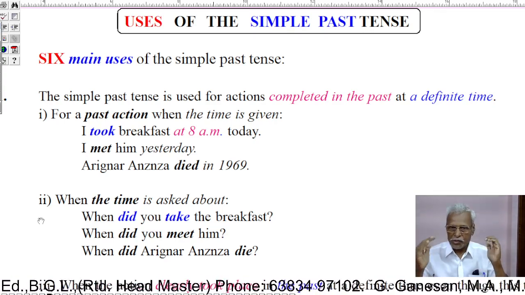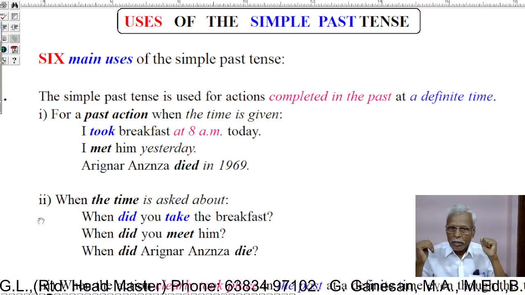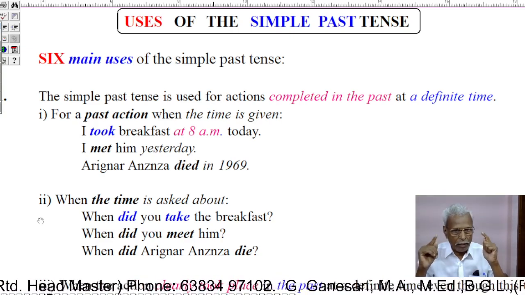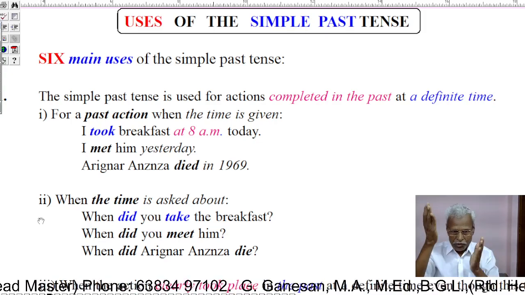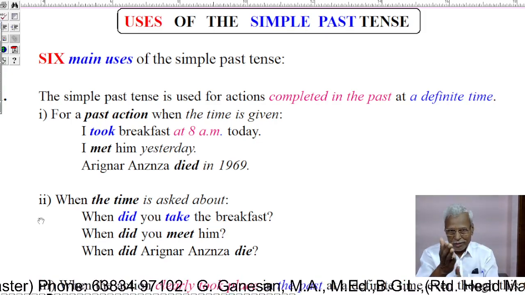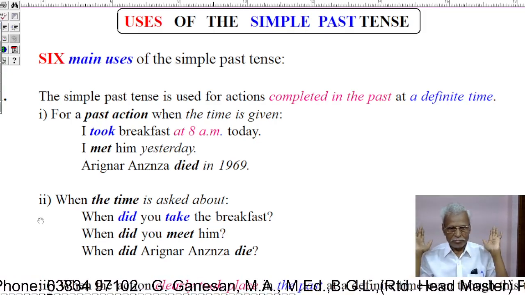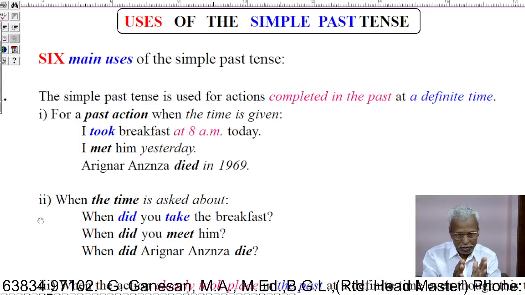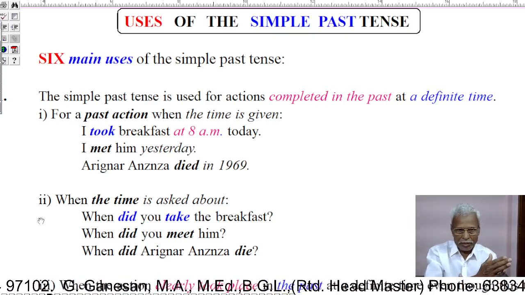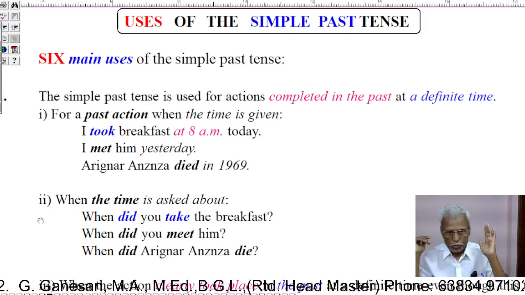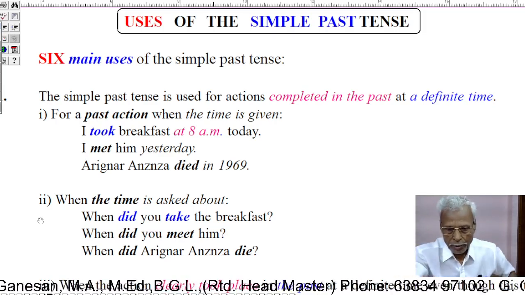I met him yesterday. Annadurai died in 1969. In all these 3 examples, the time has been given. When the time is given for an action that happened in the past, we can use the simple past.